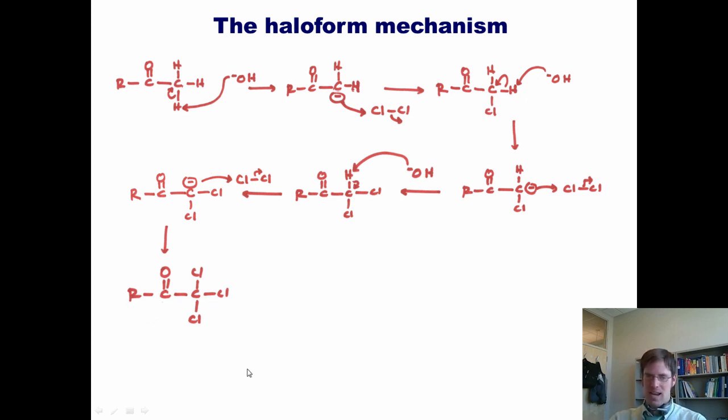At this stage, now a hydroxide will come into that carbonyl, pushing the electrons up onto that oxygen to give me this tetrahedral intermediate shown here. Now, this is a huge difference from having a CH3 here. It's got a carbon with 3 chlorines. What does that do to this carbon?